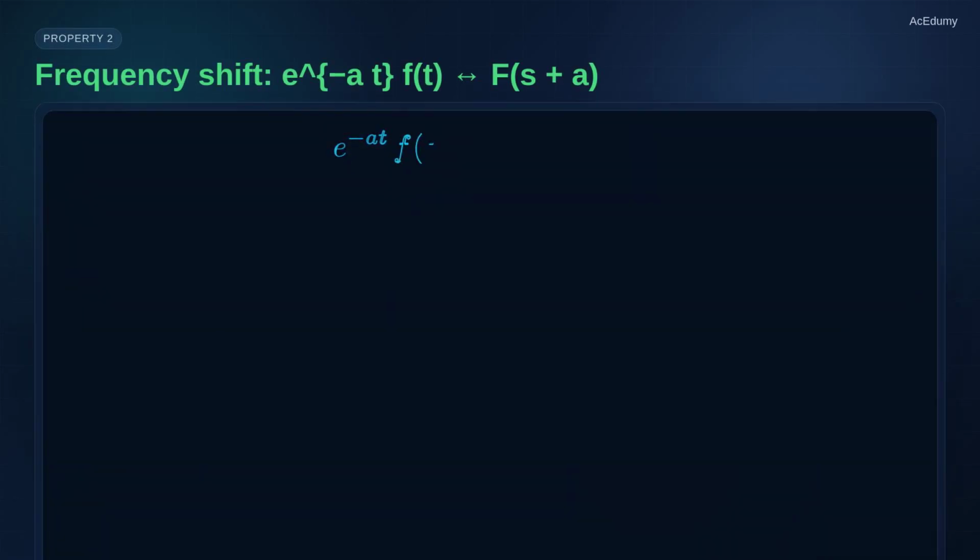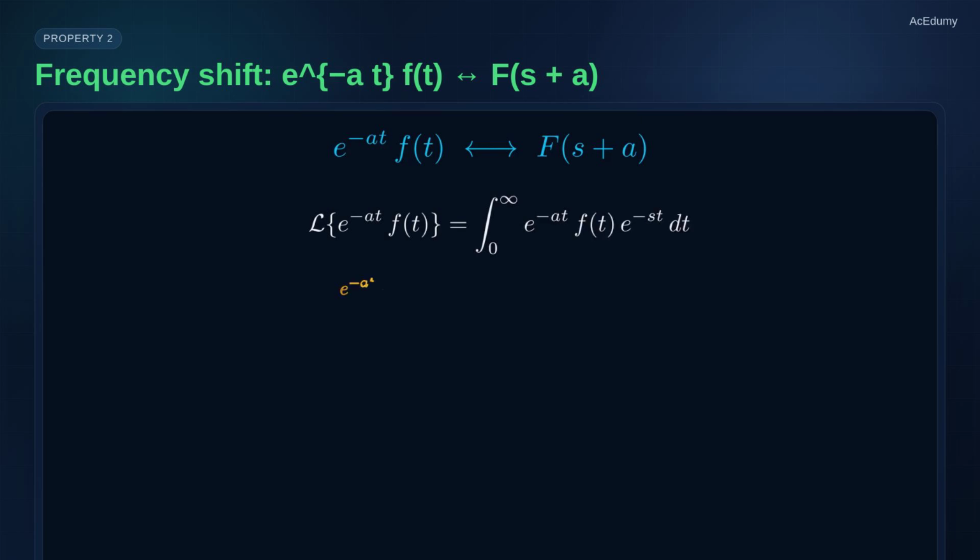Now the frequency shift theorem, also called s-shift. If we multiply f(t) by e to the minus at in the time domain, what happens in the s domain? Plug it into the integral and combine the two exponentials. e to the minus at times e to the minus st equals e to the minus (s plus a) times t.